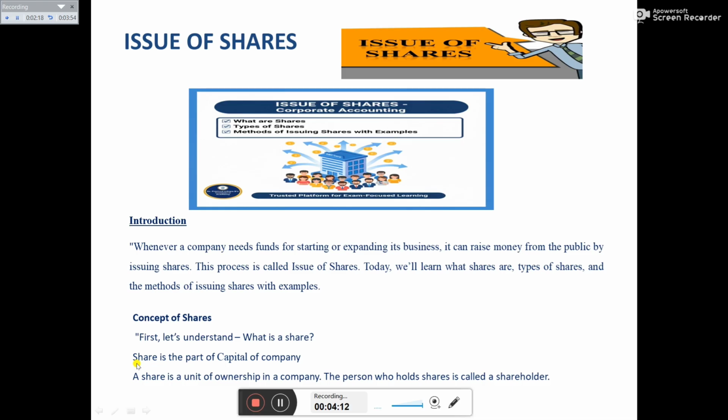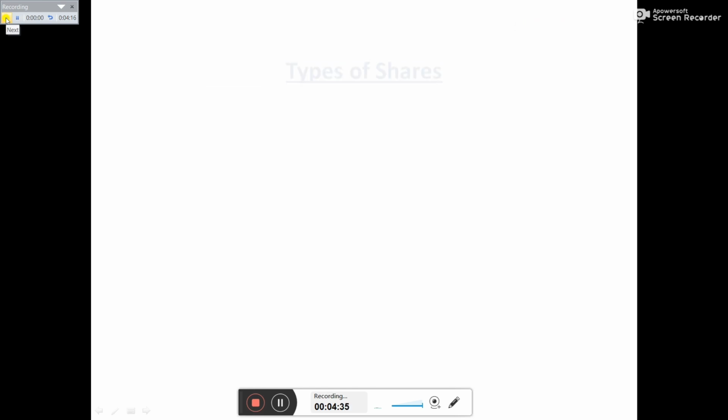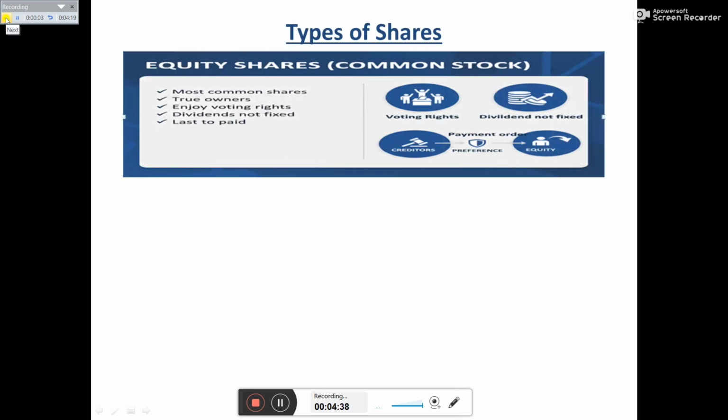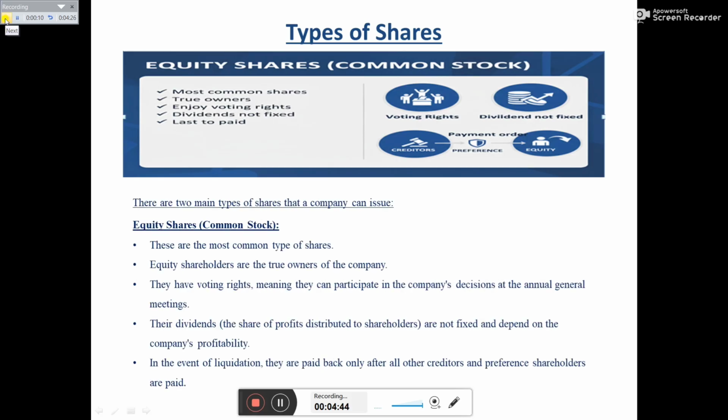It is one among the parts, or you can call it a unit of ownership of a company. The person who holds the share becomes a shareholder of the company. Next, we will discuss the different varieties of shares.